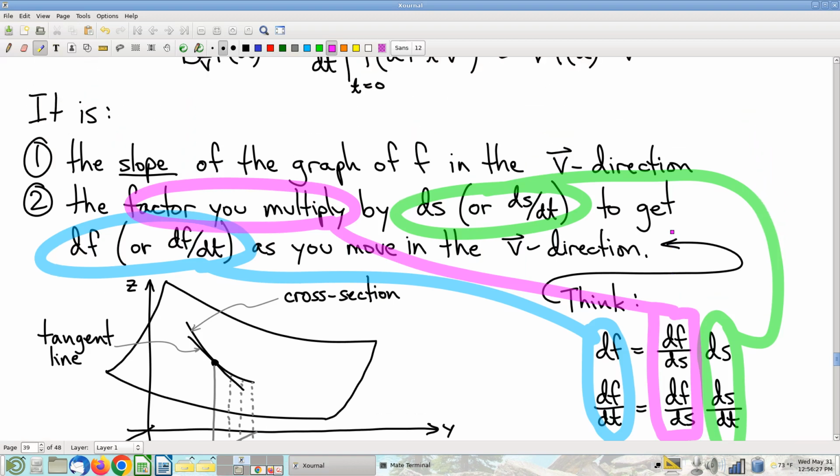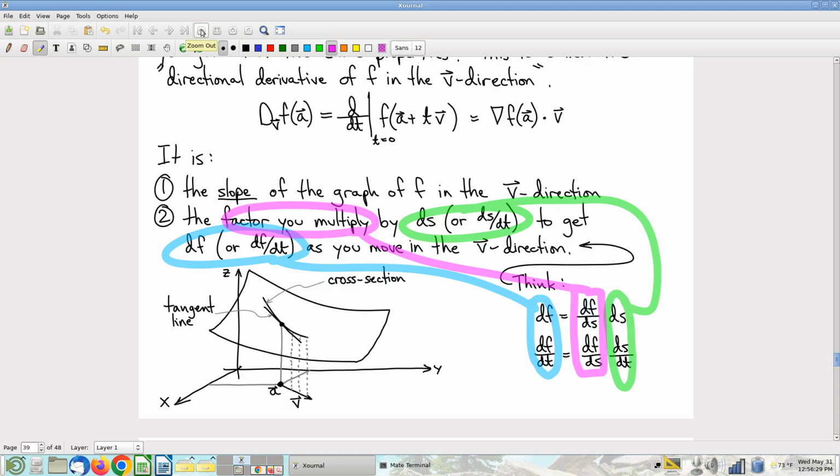So this is another common notation. I guess I will zoom out a notch. Another common notation, or shorthand interpretation of what a directional derivative is. It's df/ds. It's the rate of change of your function with respect to distance traveled in that direction.